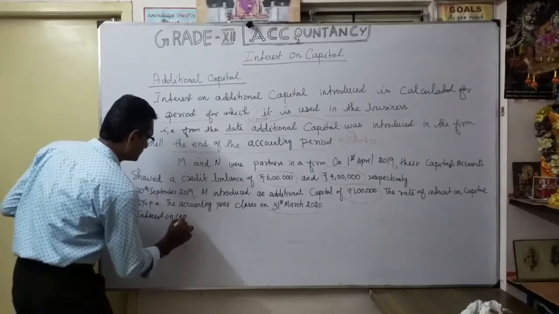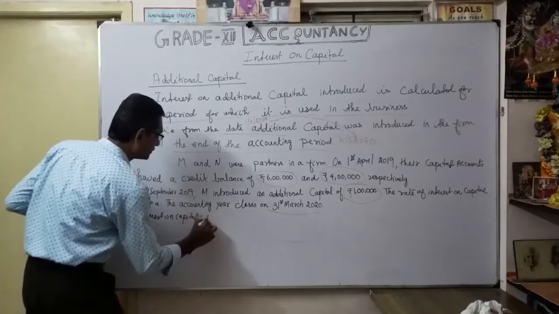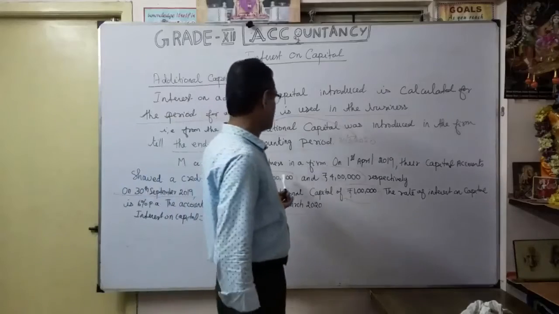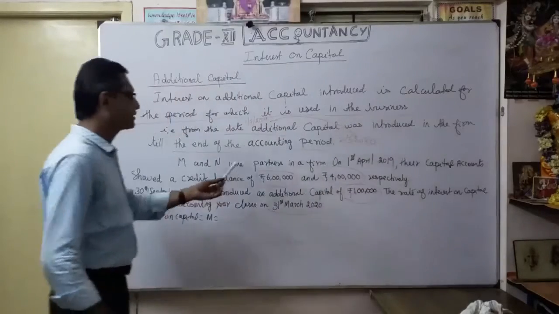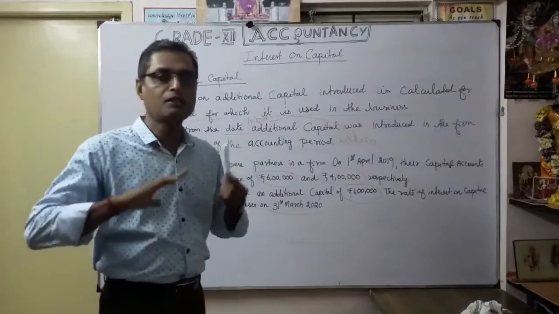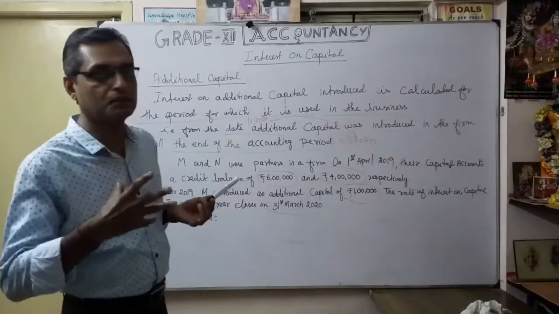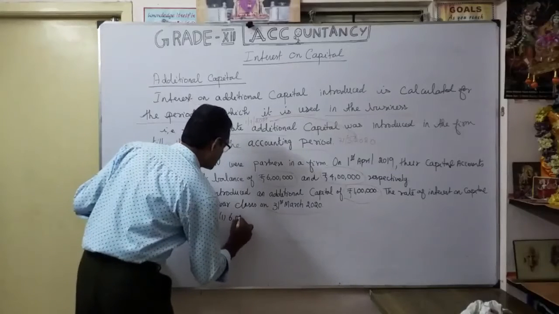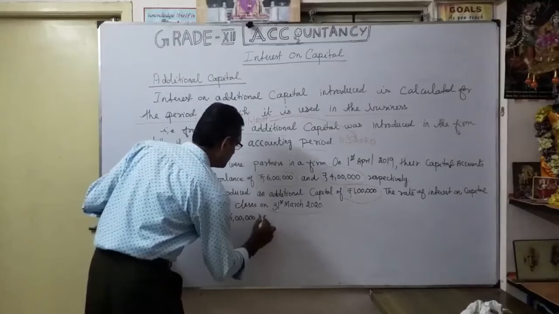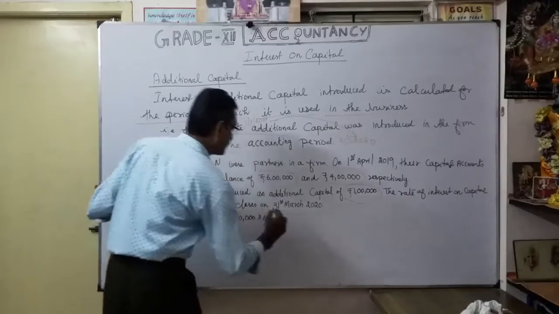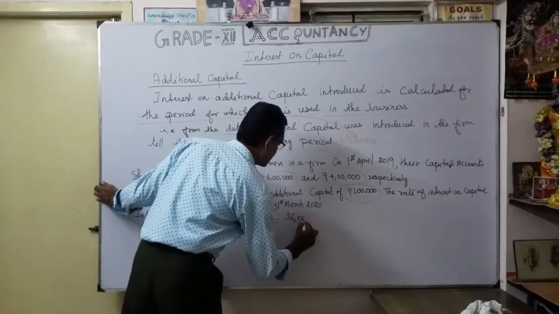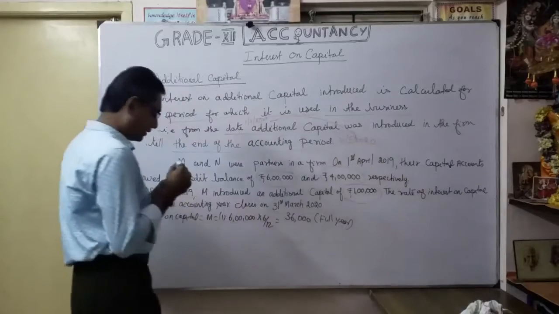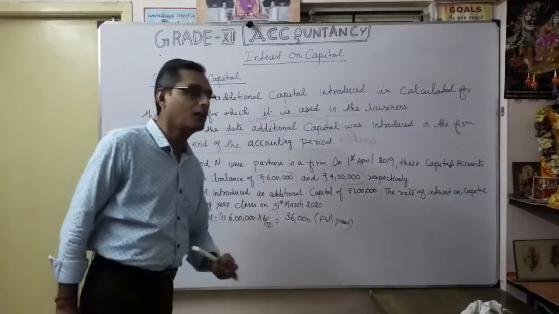Interest on capital for M. See, M's credit balance is how much? 6 lakhs. First, for the 6 lakhs you consider all 12 months, because the 6 lakhs is lying in the business. So 6 lakhs into 6 by 100 into 12 by 12, how much? 36,000. This is for the full year, when you are utilizing it in the business the whole year, all 12 months.